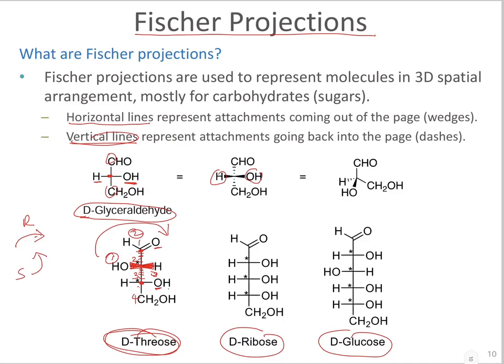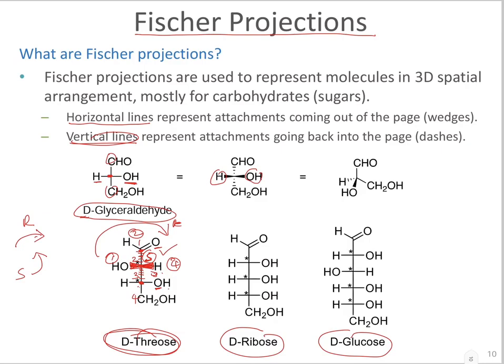You need to make sure that the fourth priority, which is the lowest, must be behind the screen. In this case, this priority is actually coming out of the screen towards where we are. So then if the configuration was R, then we need to give it an S. So therefore, this is going to be S configuration. Okay?